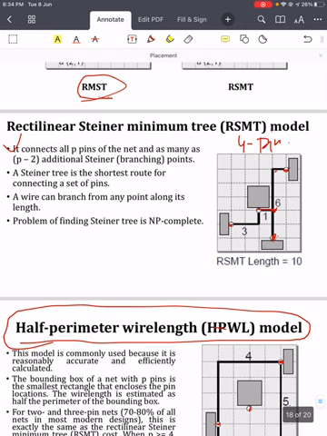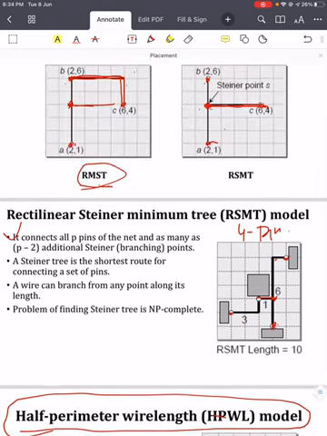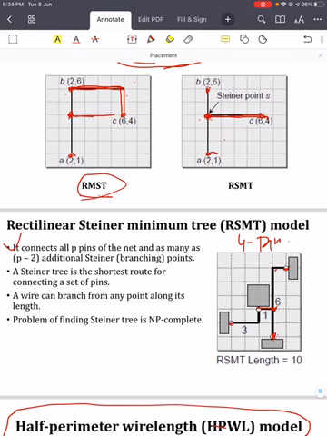For that, the solution is to use the half perimeter wire length model, where we estimate the wire length by taking half of the perimeter of the bounding box.